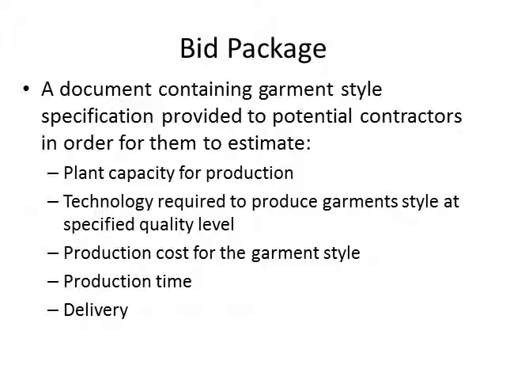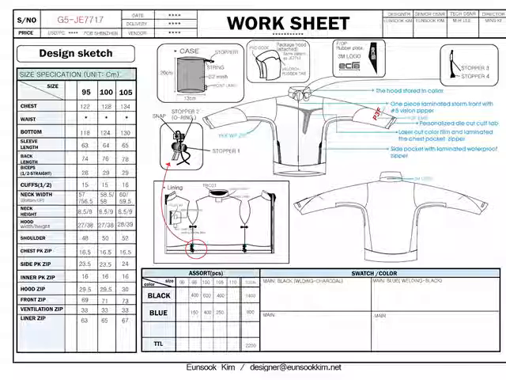Can they do the production within a cost for the garment style? Can they do the production time, and can they follow through on delivery? And here's an example of a bid sheet.